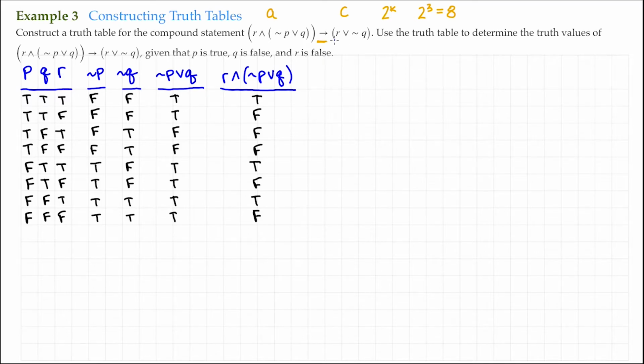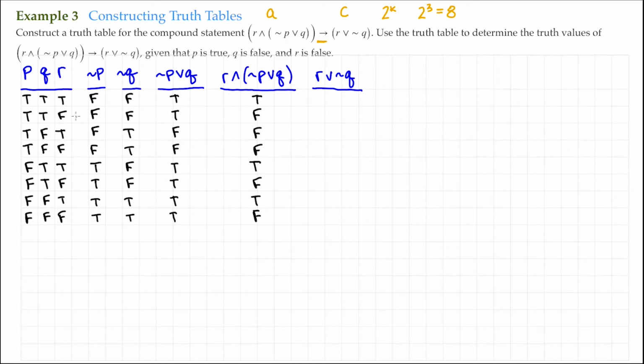It's just a clever way of being able to speed up listing all our truth values. The next thing I'm going to do is go ahead and build this clause now. I already have my not Q. So I'm just going to go ahead and say R or not Q. Again, this is a disjunction. This has to be false, and this has to be false for the entire clause to be false. So I just kind of focus in on the falses.